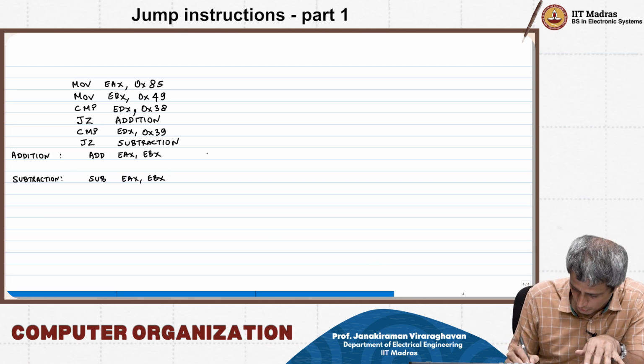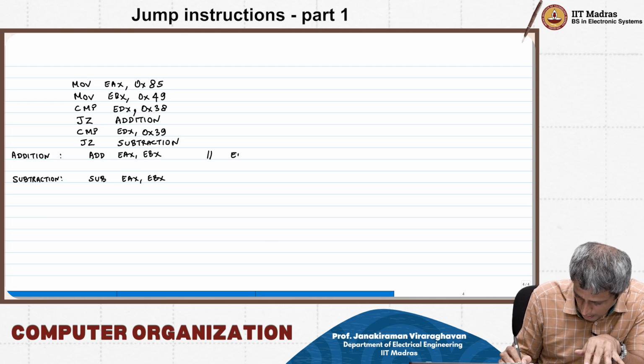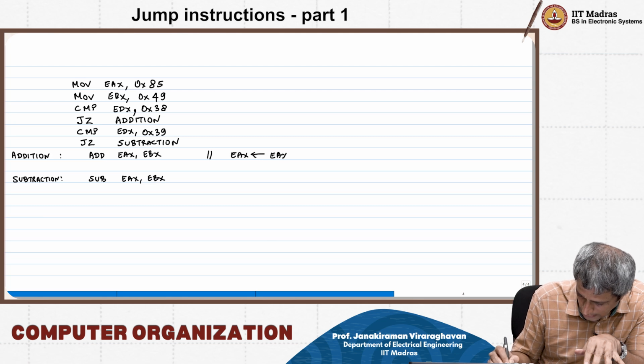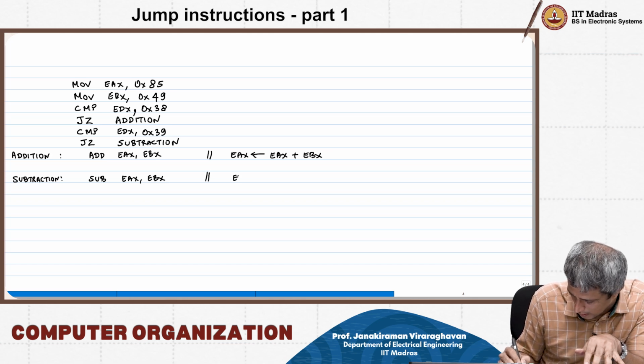Here I am saying EAX will get the value EAX plus EBX. Here I am saying EAX will get EAX minus EBX.